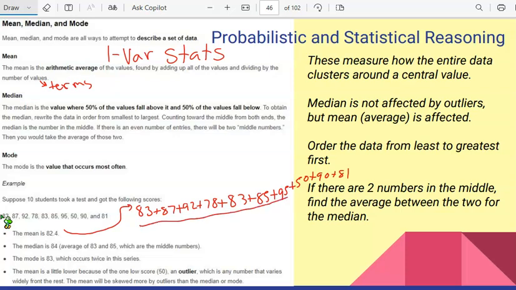There are 10 scores here, so we're going to divide that sum by 10. The sum would be 824, and if we divide that by 10, that's how you get the 82.4.